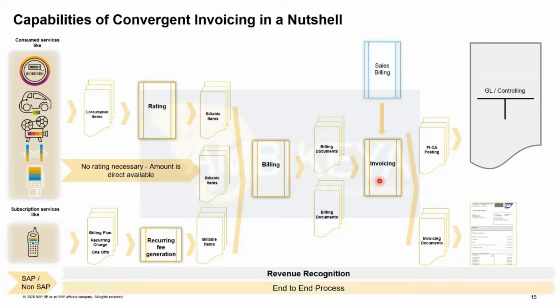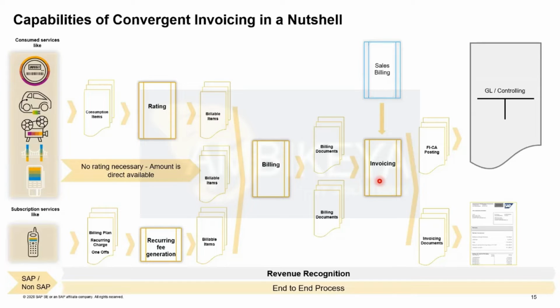The invoices, of course, can be sent via any communication channel to our customers, and the postings to contract accounting to the subledger, either AR or AP, are seamlessly created.